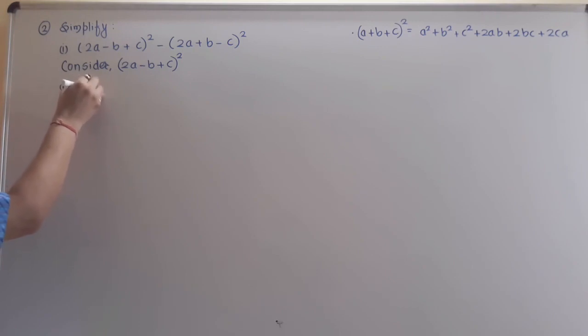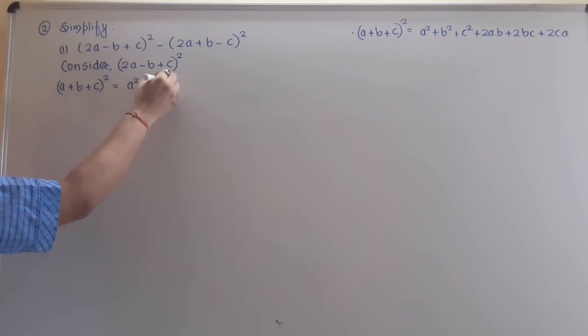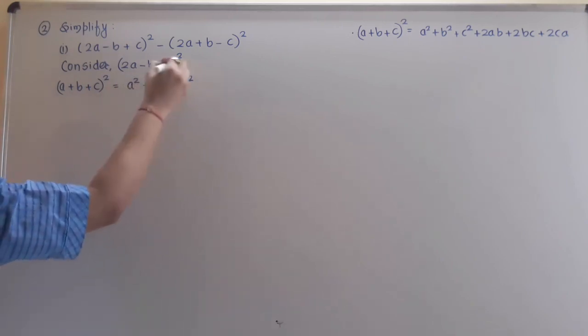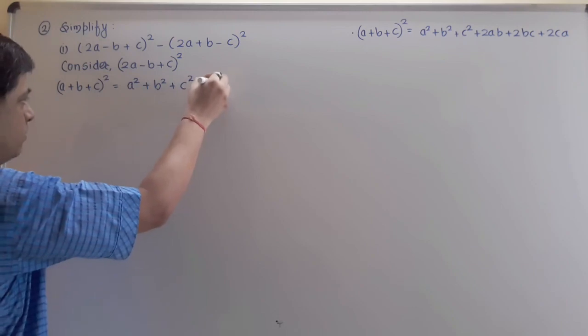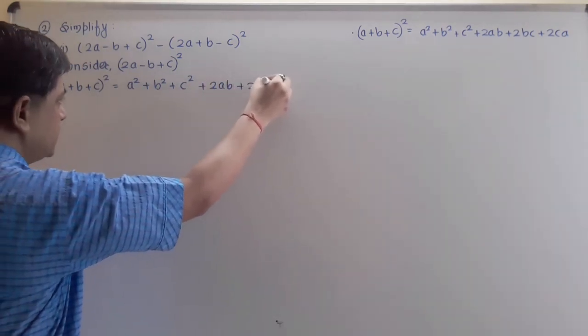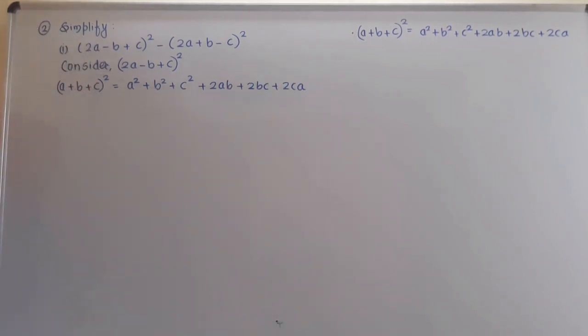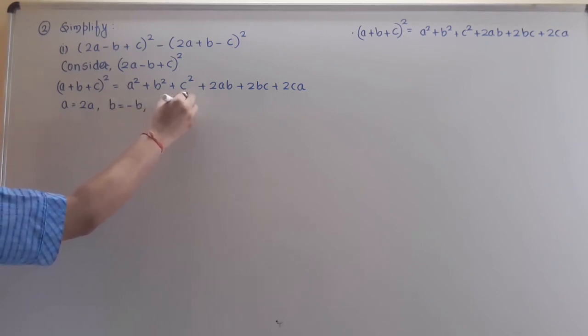The formula is (a + b + c) whole power 2 is equal to a square plus b square plus c square, and then plus 2ab plus 2bc plus 2ca. Now put in the values. So what values am I getting here? a will be equal to 2a, b will be equal to minus b, c will be equal to c.